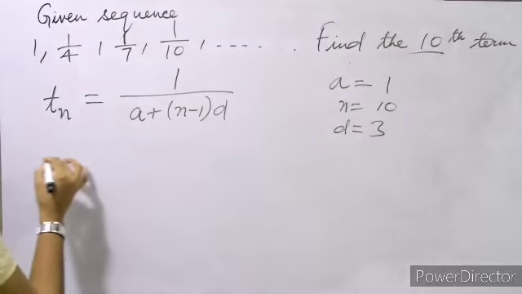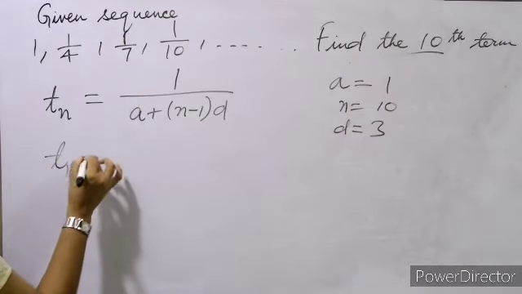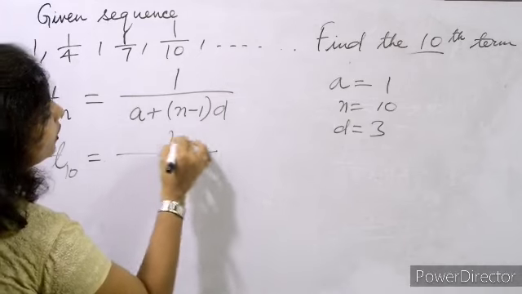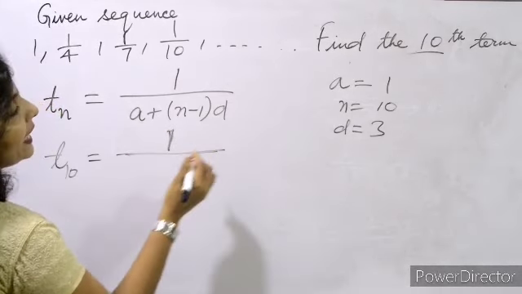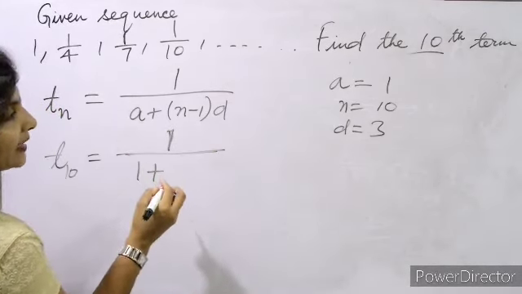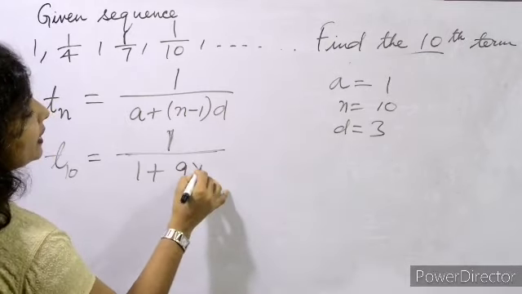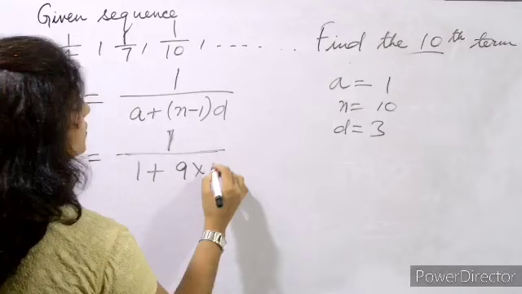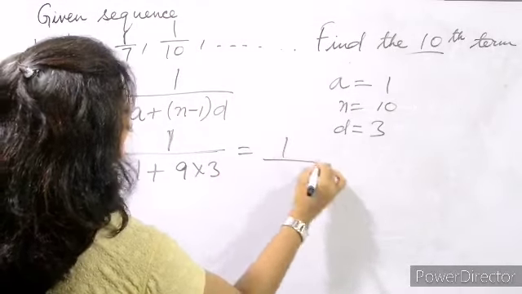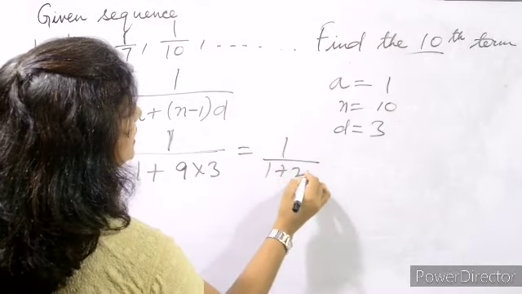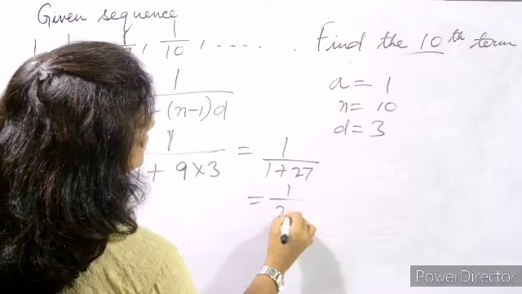So T10 will be equal to 1 upon A, which is 4, plus n minus 1, that is 10 minus 1, which is 9, multiplied by D, which is 3. So it will be 1 upon 4 plus 27, 1 upon 31.